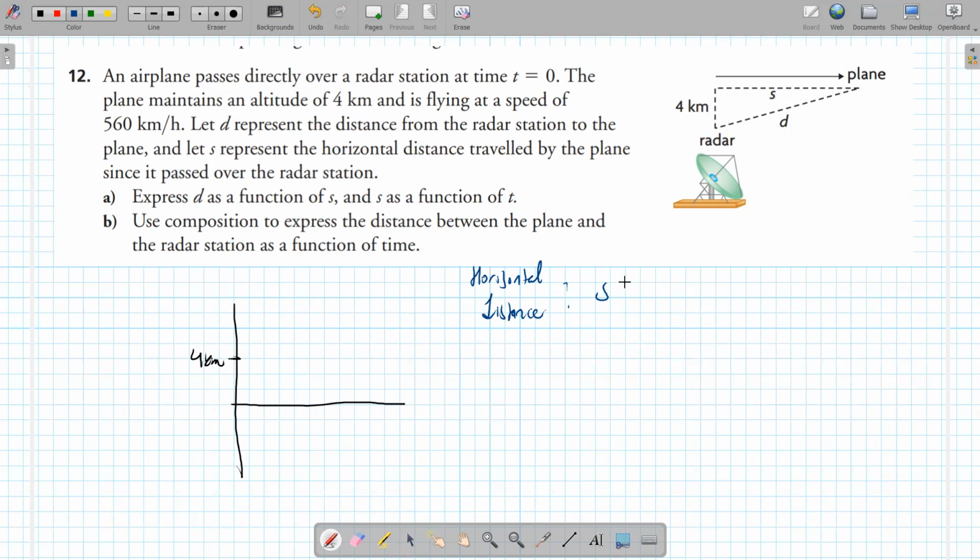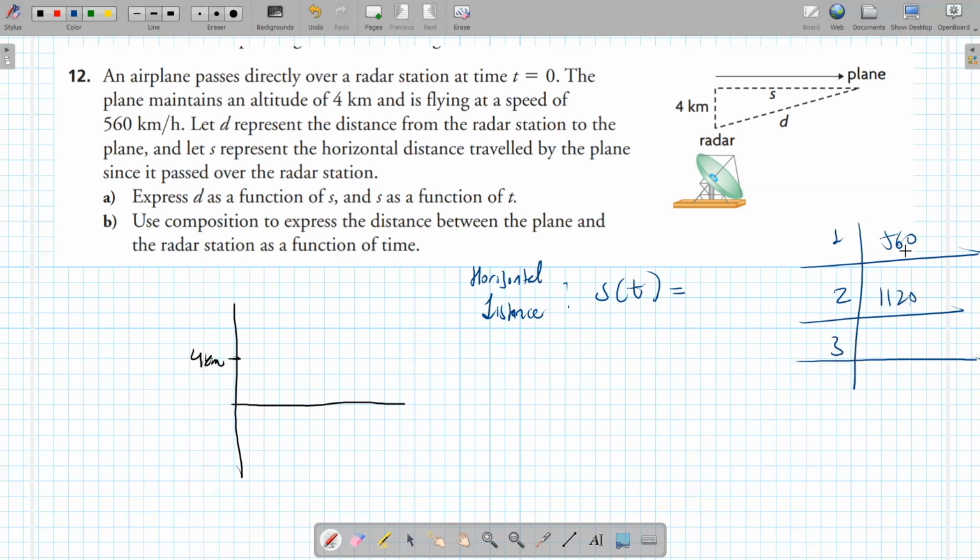And he's flying in hours. If its speed is 560 kilometers per hour, what's the horizontal distance? What's the equation for the horizontal distance per hour? After 1 hour, they're going to be at 560. After the second hour, it's going to be twice that, so 1120.